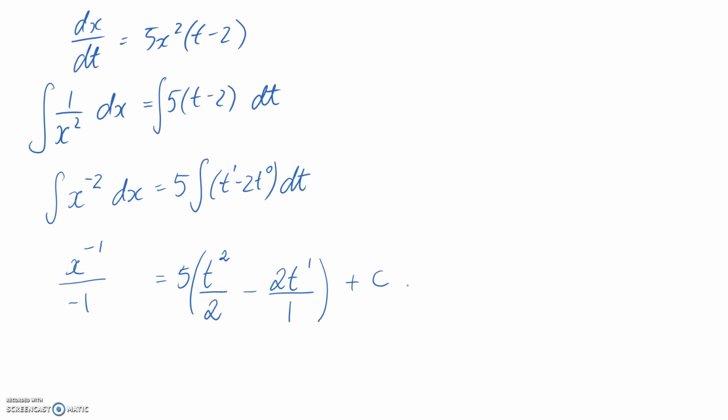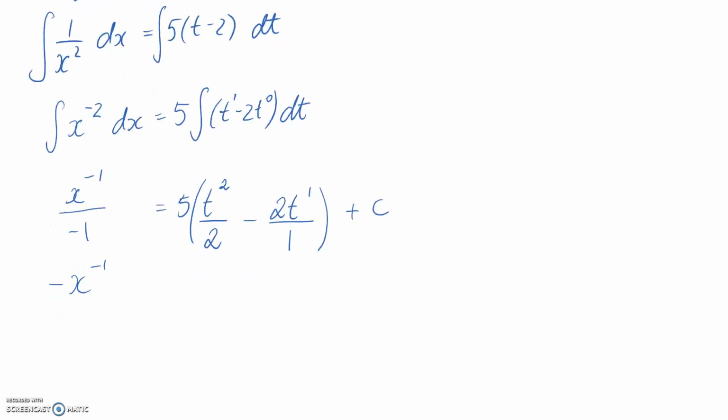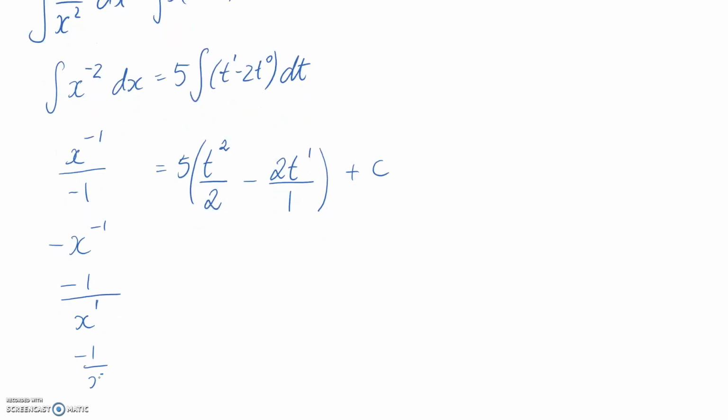Alright, so now the challenge becomes rearranging this equation to get x equals. You can see that as we had planned, we have eliminated all the little dx's and dt's. So I can clean this side up. This is like negative x to the power of negative 1. And again, if you wanted to rewrite this even nicer, it'd be like flipping this down to the bottom line, x to the power of positive 1, which is the same as negative 1 on x.